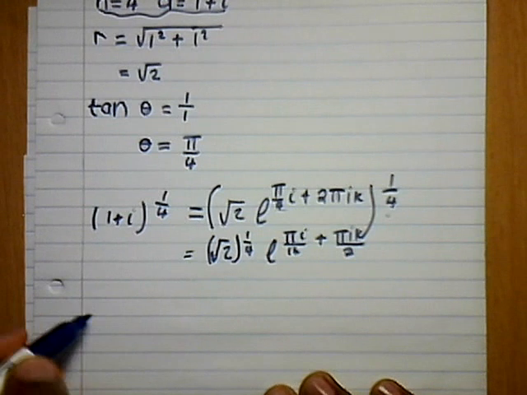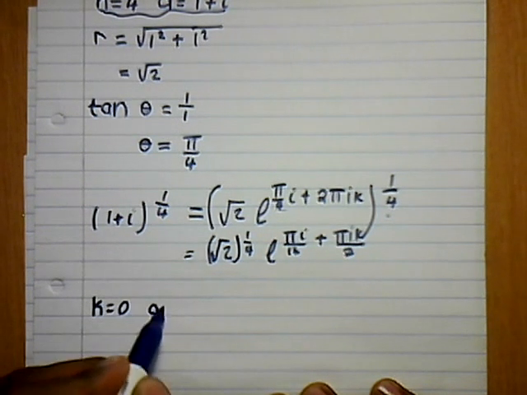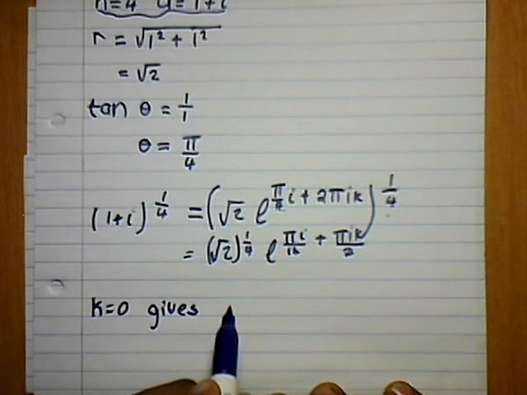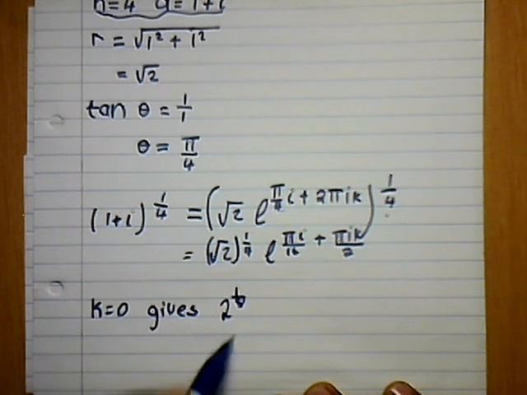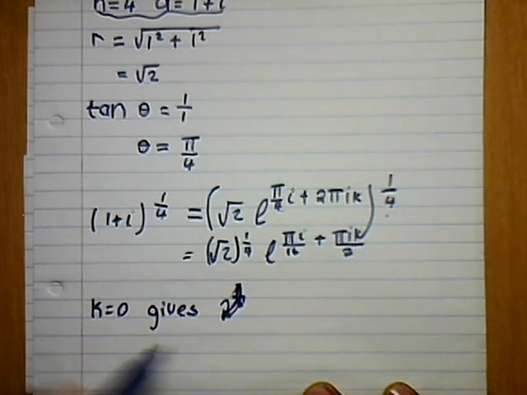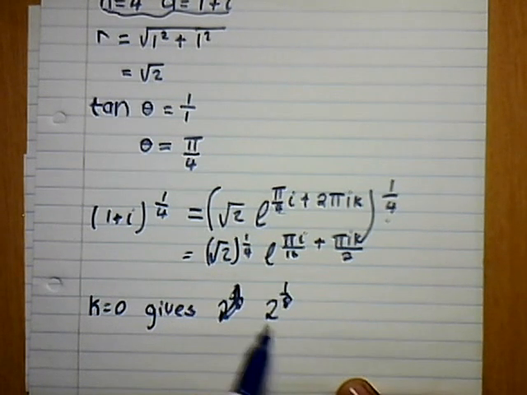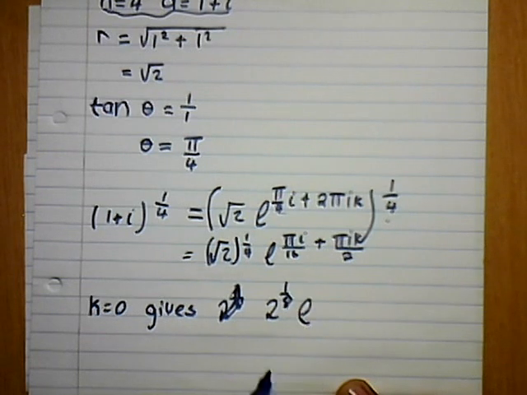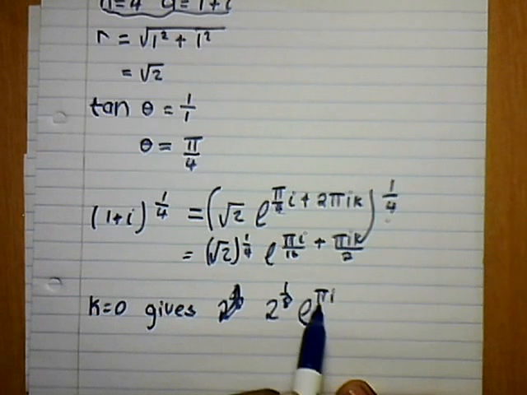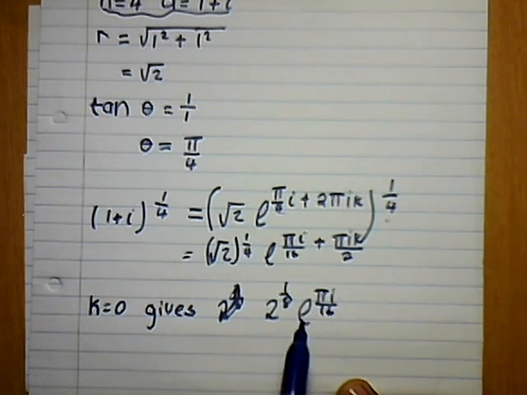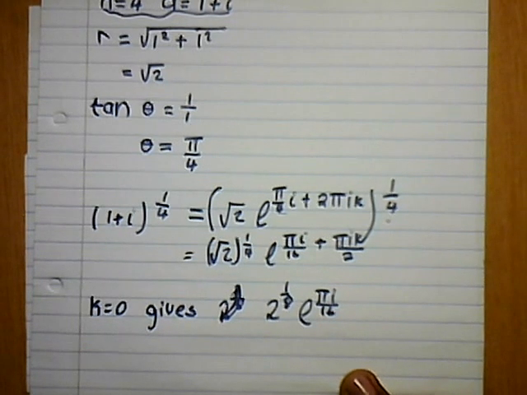When k is equal to 0, this gives us 2 to the power of 1 over 8, times e raised to the pi I over 16. This is our first root, when k is equal to 0.